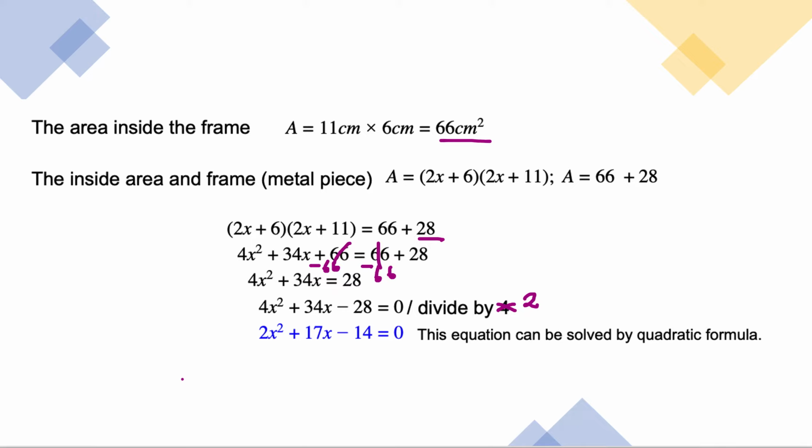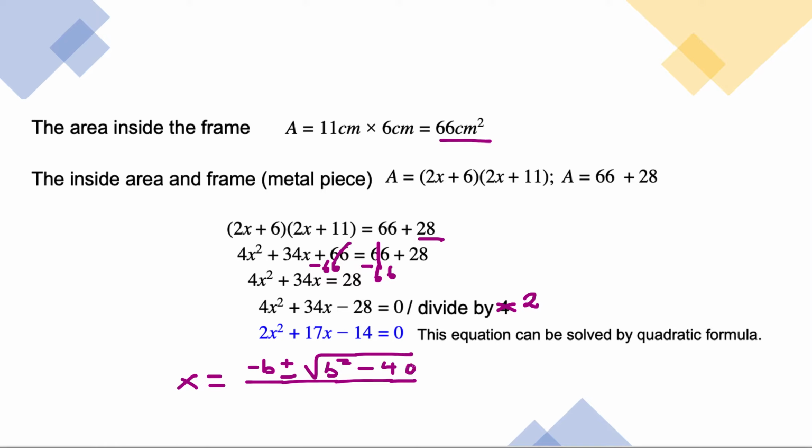The quadratic formula, as we already know, is x equals minus b plus or minus the square root of b squared minus 4ac, all over 2a.